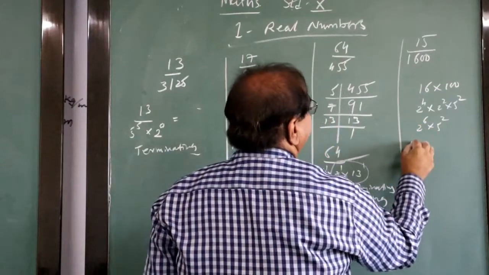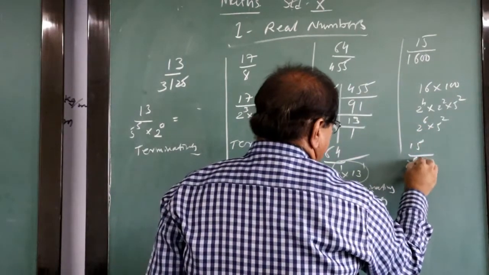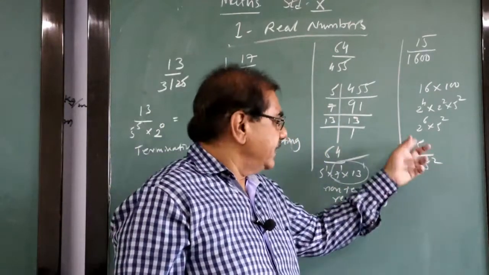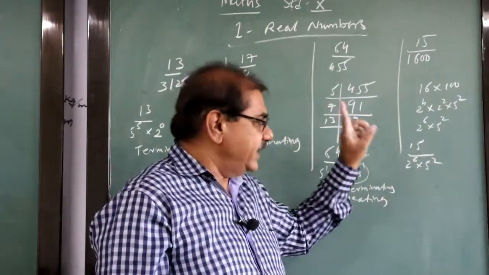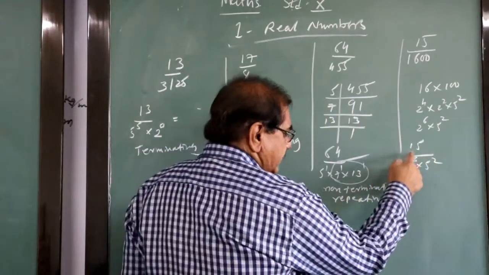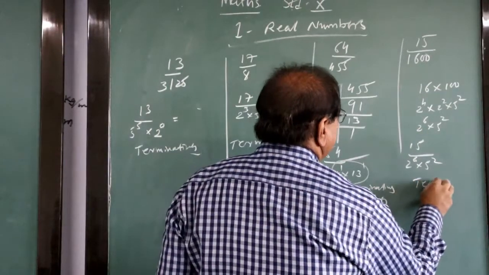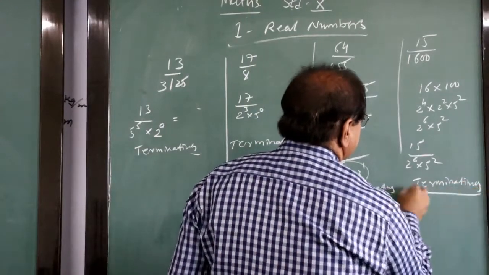So I can write 15 upon 2 raised to 6 into 5 raised to 2. Can you give the answer? The prime factorization of q is in the form of 2 raised to n multiplied by 5 raised to m. So it will have a terminating decimal expansion.